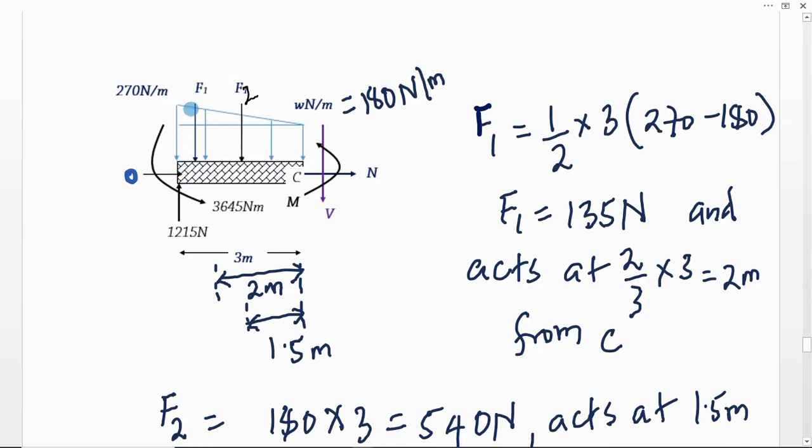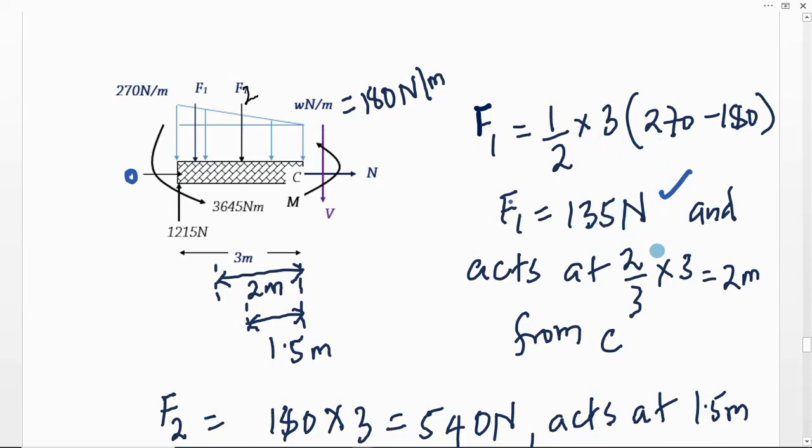newtons per meter. Therefore, to get this portion, the height, it will be 270 minus 180, which is 90, and 90 times 3 is 270, and a half times 270 will give you 135 newtons.